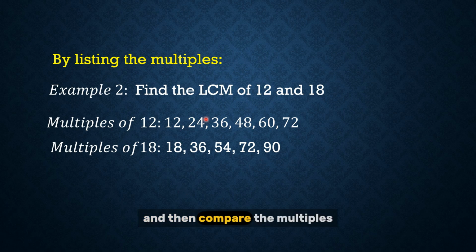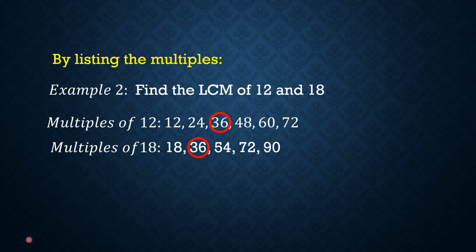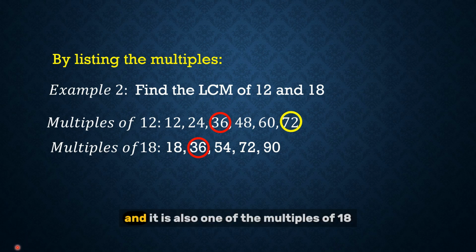And then compare the multiples. We can see that 36 is one of the multiples of 12, and it is also one of the multiples of 18. 72 is one of the multiples of 12, and it is also one of the multiples of 18.